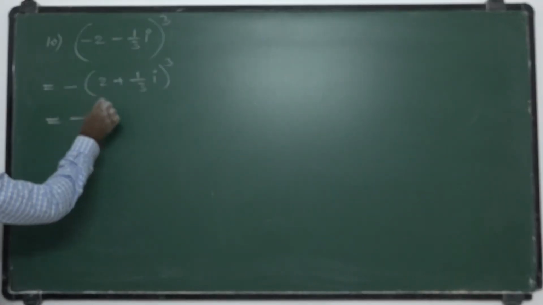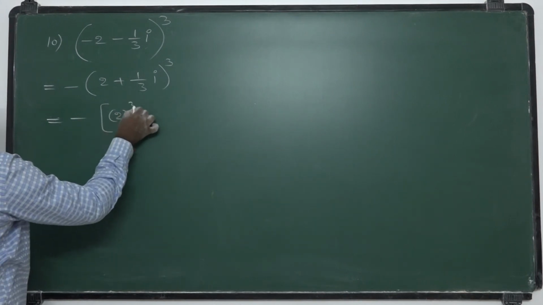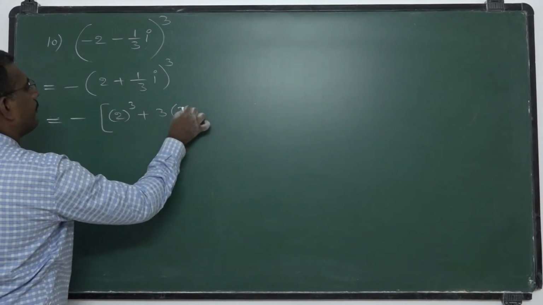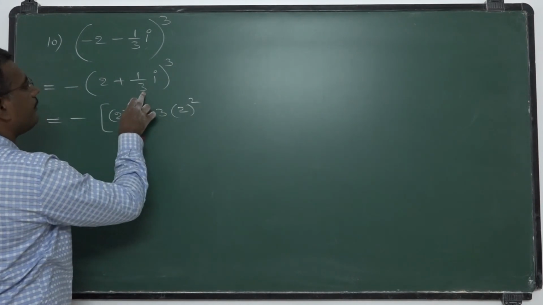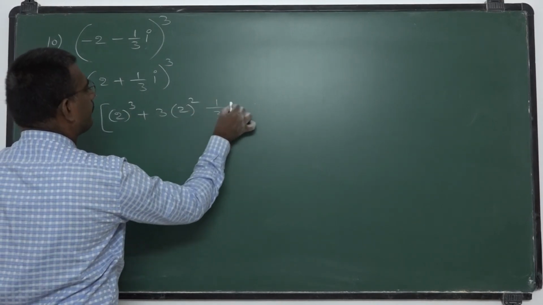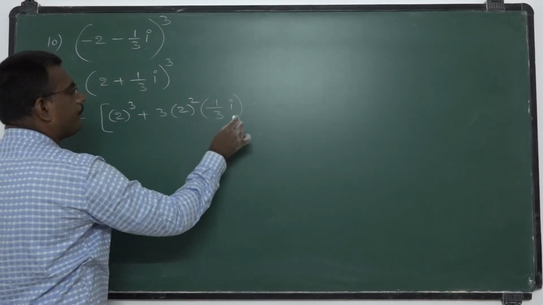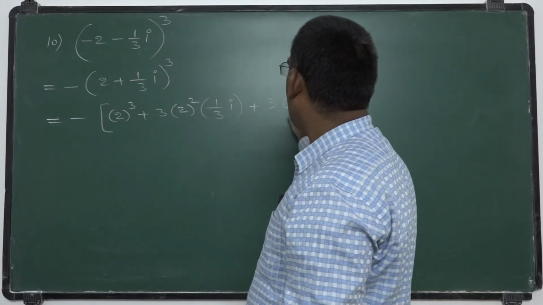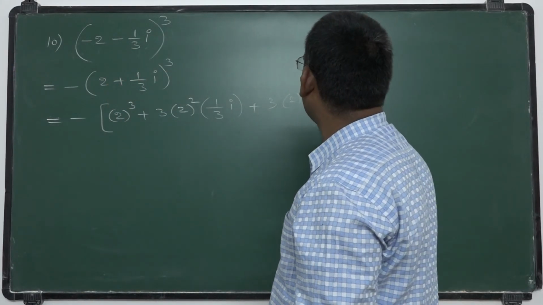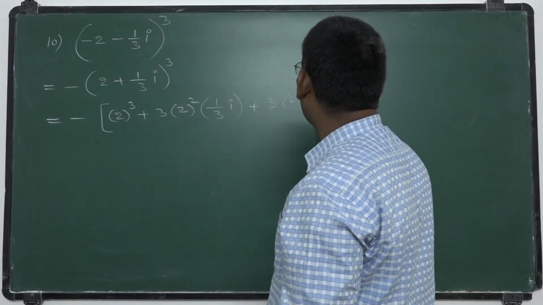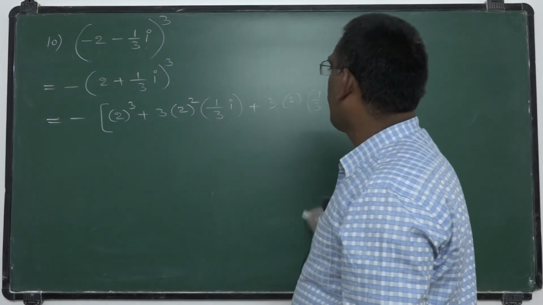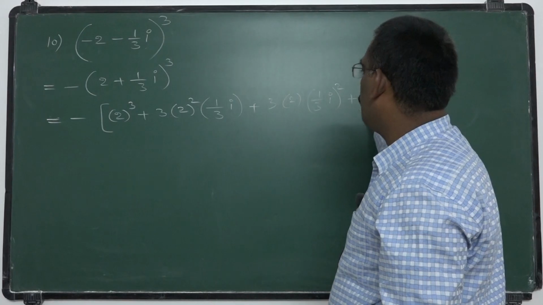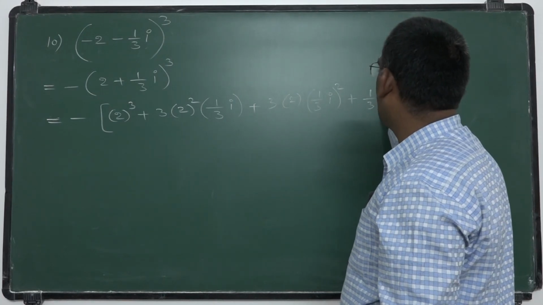First A cube, 2 cube, plus 3A square B, where B is 1 by 3 into i, plus 3AB square, where B square is (1 by 3 into i) whole square, plus B cube, (1 by 3 into i) whole cube.